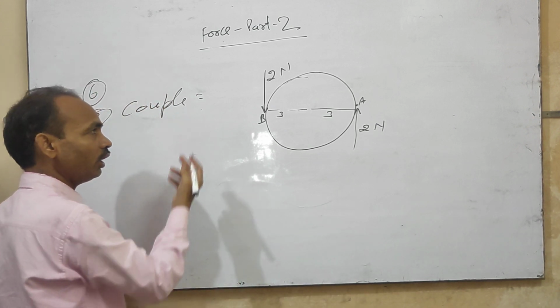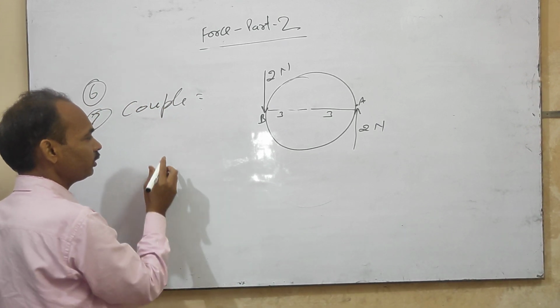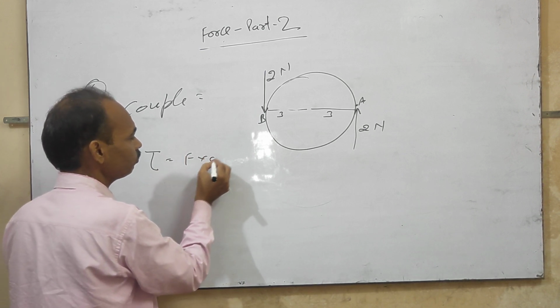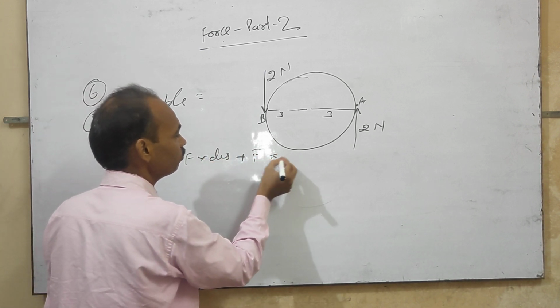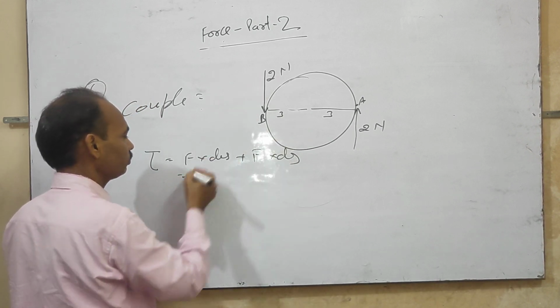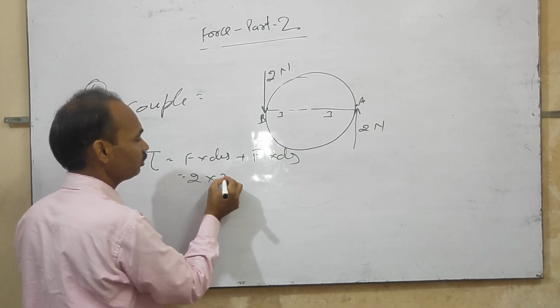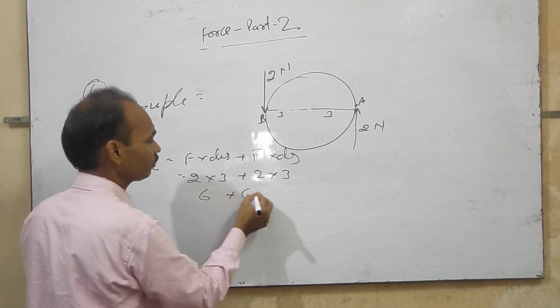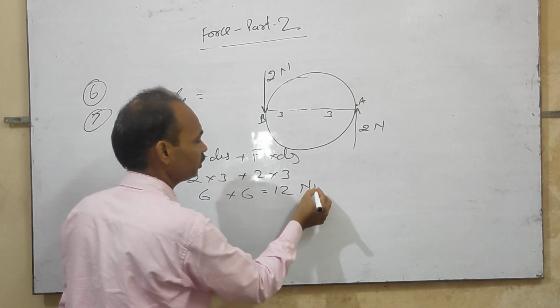Then what is the net torque, the moment of force? Torque is equal to force into distance plus force into distance. Force 2 Newton, distance 3, 2 into 3 is 6, plus 6 is equal to 12 Newton meter.